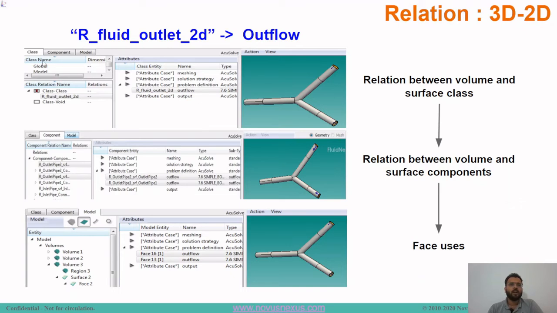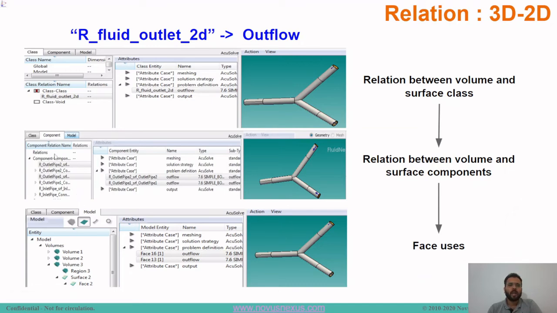In class tab, if we select this relation, it is highlighting these two surfaces, and here in attributes we can see that the outlet boundary condition is defined on relation between fluid and outlet 2D, that is relation between 3D and 2D.